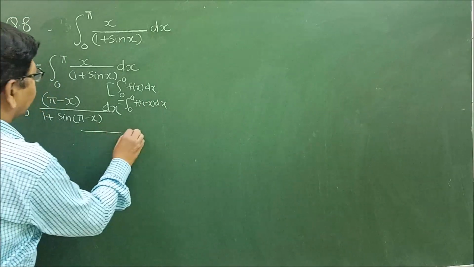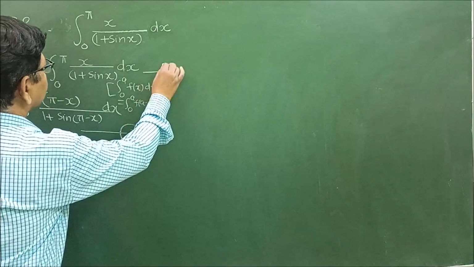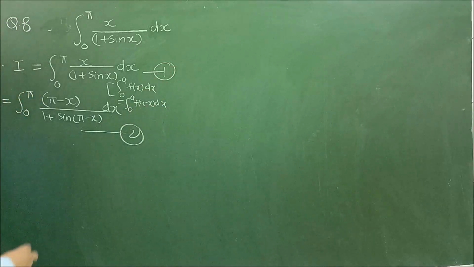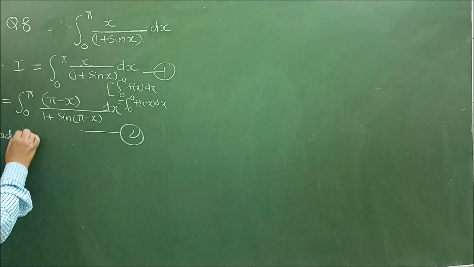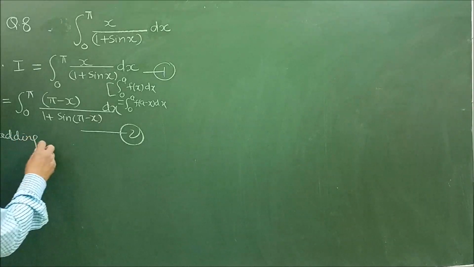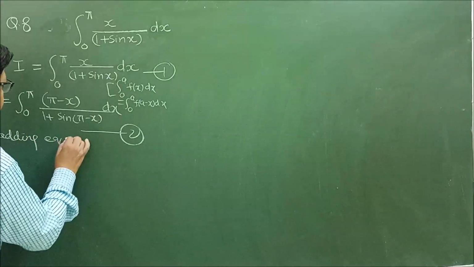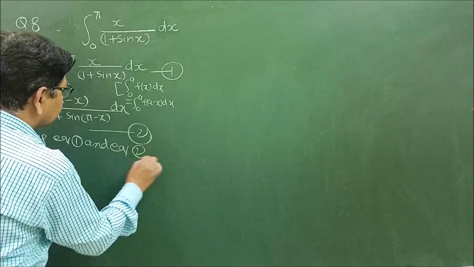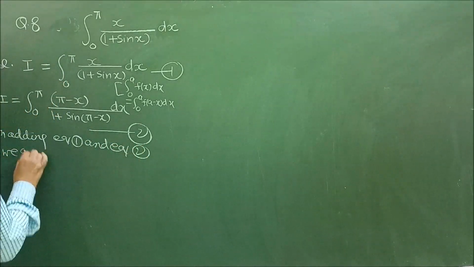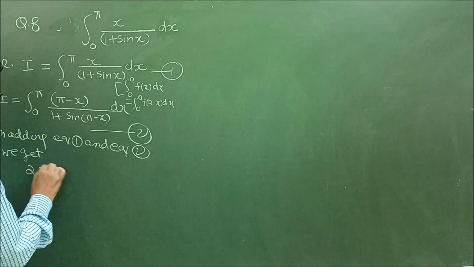So if we let this be equation first and this be equation second, on adding first and second, we get 2I on the left hand side.